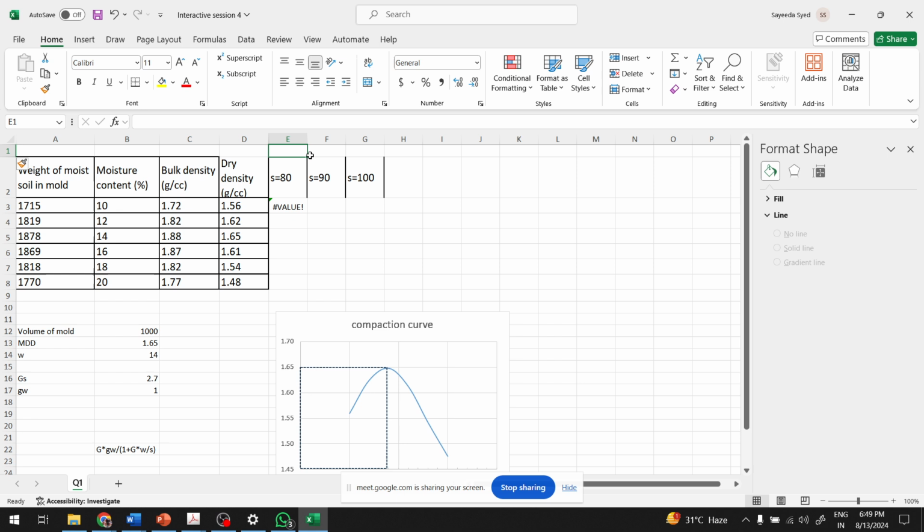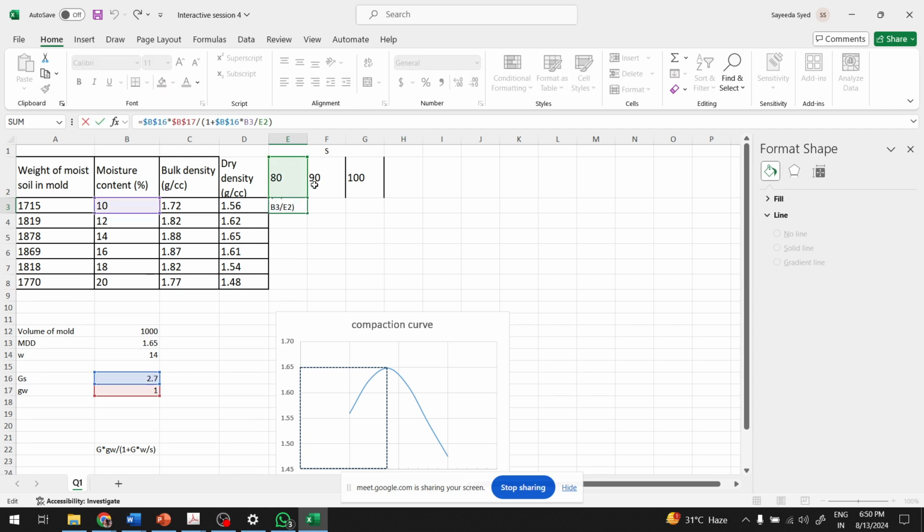Let me write S here, and let me write 80. This should be fine now. 90 and 100. And from this formula I need to fix this.